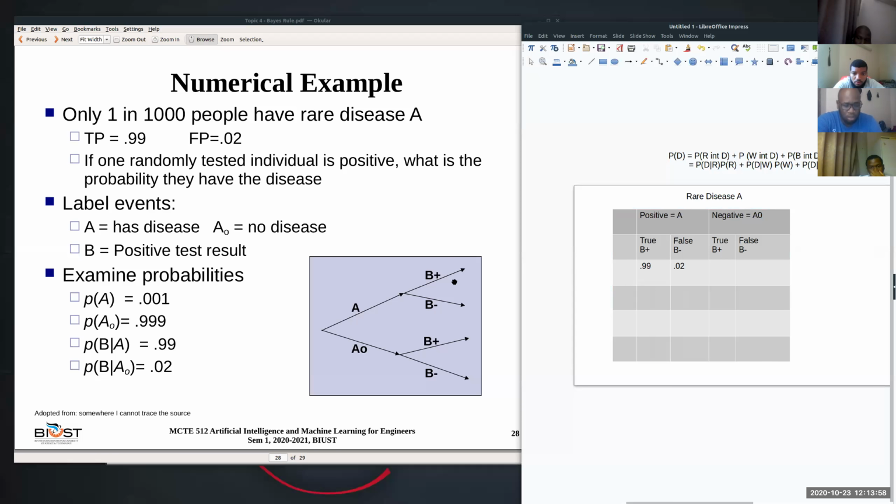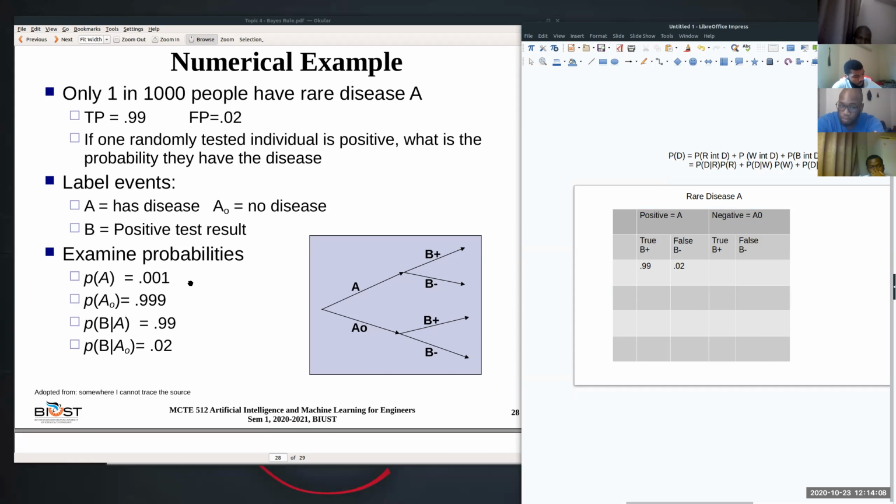So now, this is the tree. We examine the probabilities. The probability that it is positive and it has disease A, we are given this one.